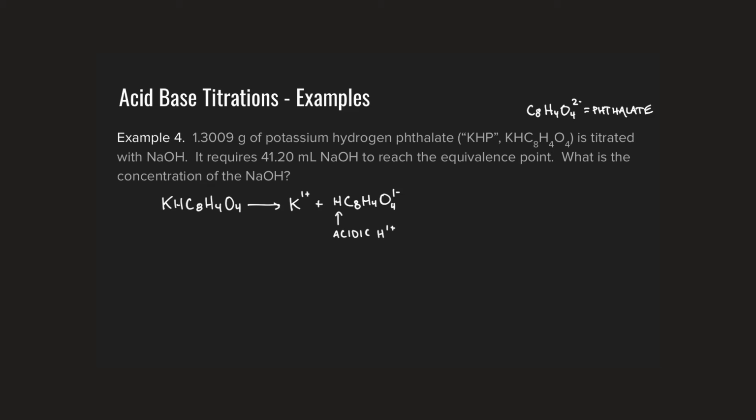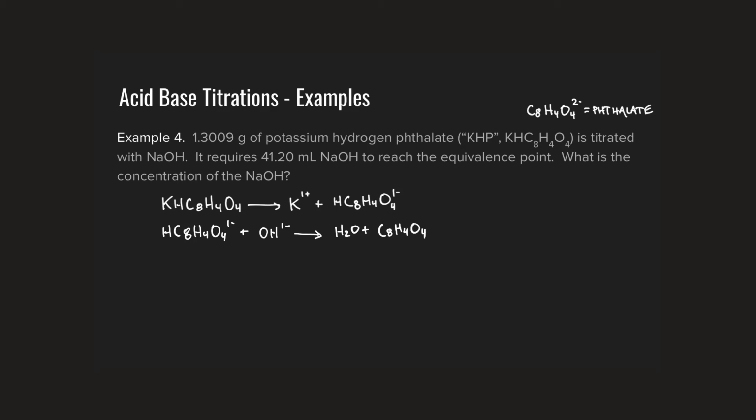Now, that being said, once I see that hydrogen phthalate ion has a hydrogen that can be donated, I could then write a reaction in which the hydrogen phthalate ion, HC8H4O4 1 negative, reacts with my hydroxide ion from my sodium hydroxide, OH negative, and in doing so, the hydrogen phthalate would donate the H positive to the OH negative, forming water and the phthalate ion, C8H4O4 2 negative.